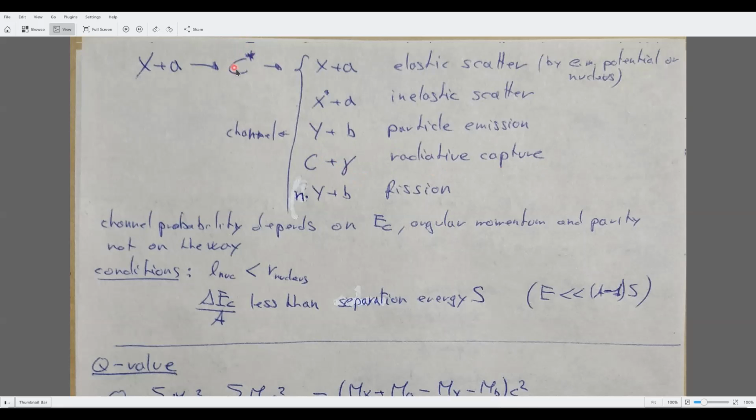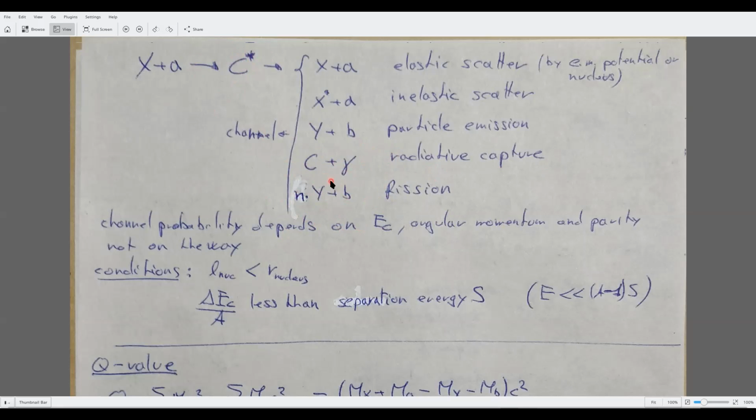So the excited compound nuclei decays emitting a gamma ray, or fission, when we have the split of the compound nuclei into other parts, and sometimes one part more.